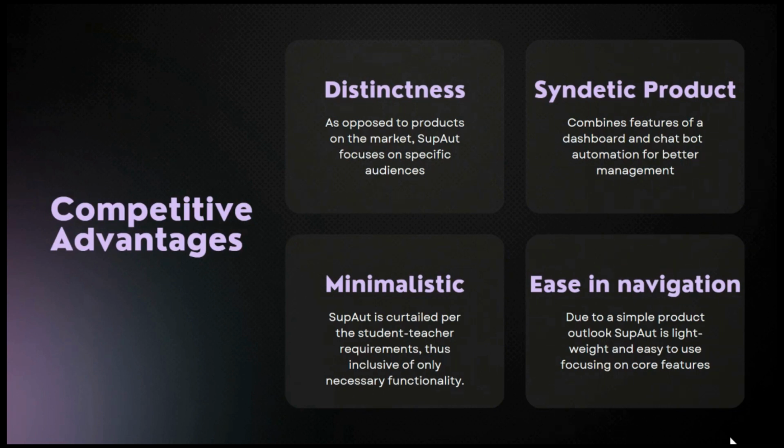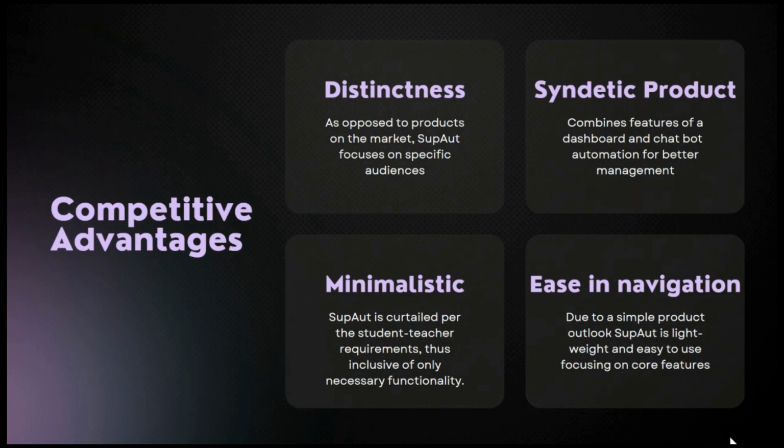So what are our competitive advantages? Distinctness: we are exactly focusing on SEN teachers who are teaching special education needs, so the features are specially curated for that specific audience. It's a synthetic product. Basically, it combines the features of a dashboard and a chatbot like we saw in Frontline and CoughDrop; the best of those two are combined into this product.